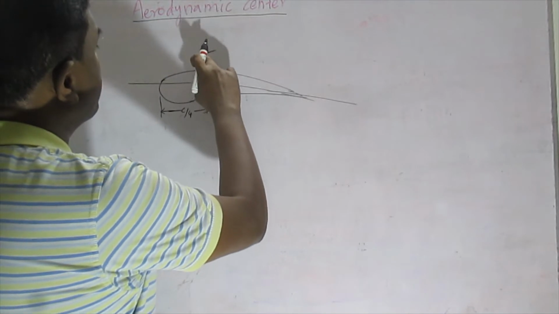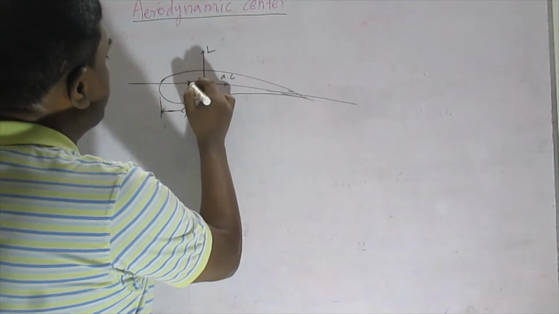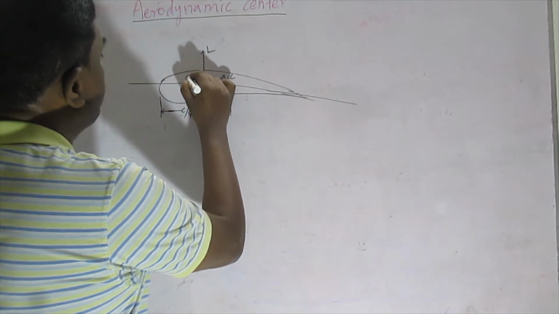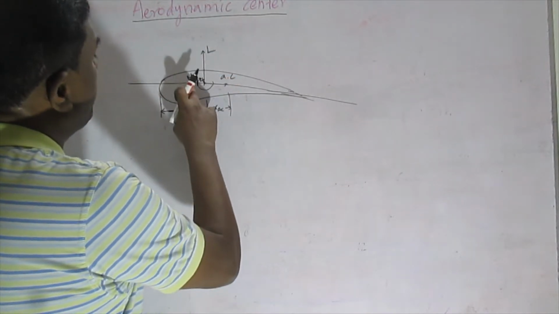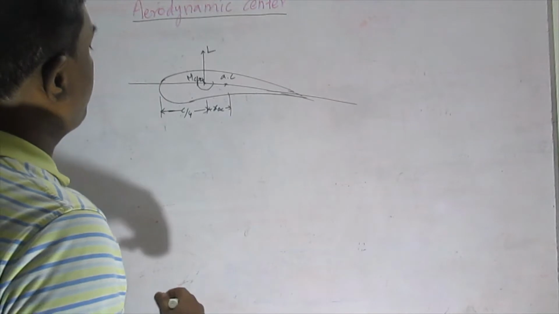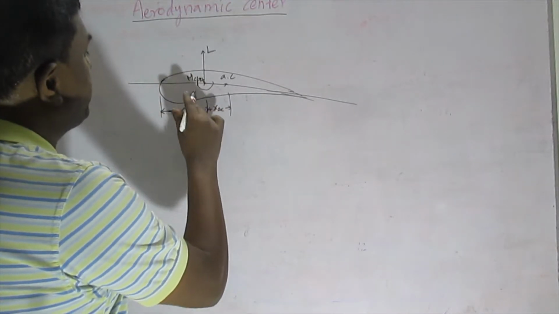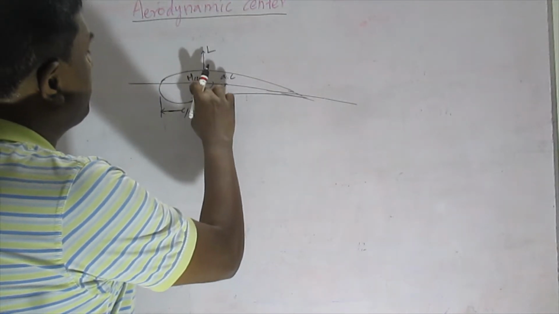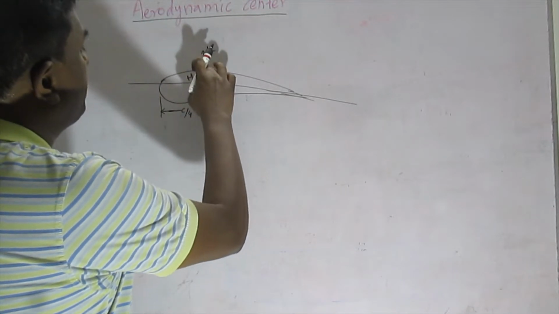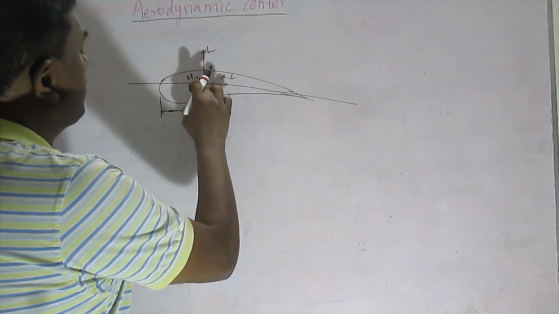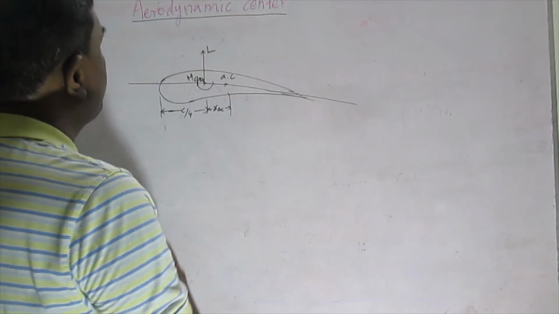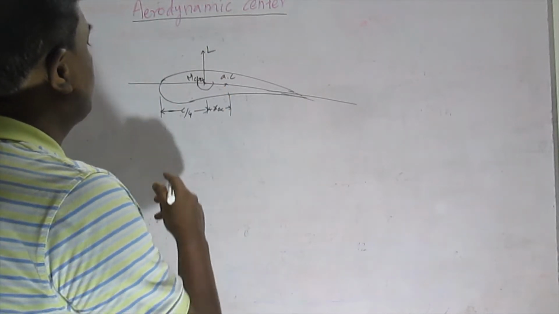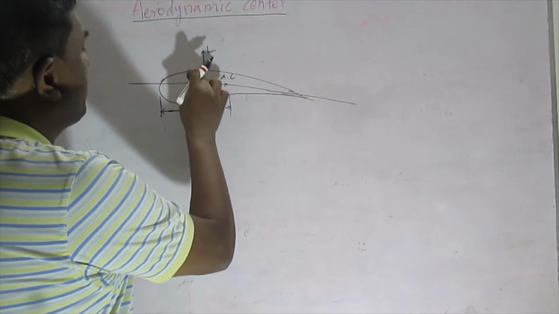This moment we can say is M C/4, the moment about the quarter chord point. This moment is created suppose due to the lift force which is acting. Suppose if it is acting at the leading edge from here, then what will be the moment?